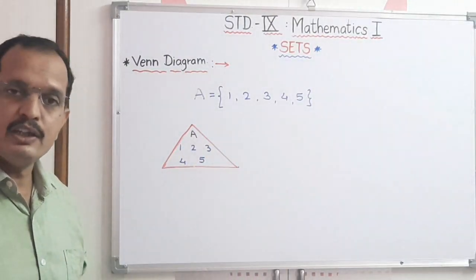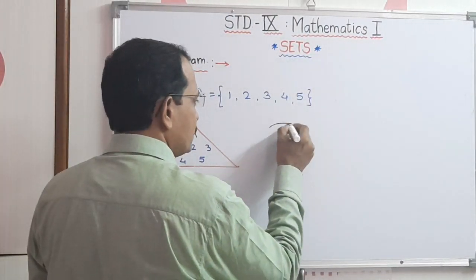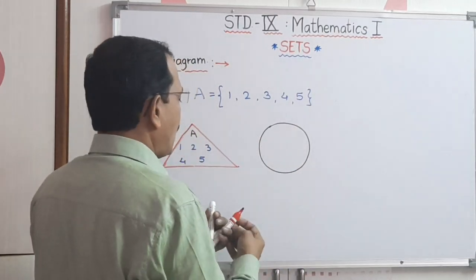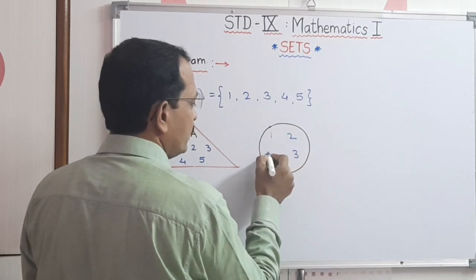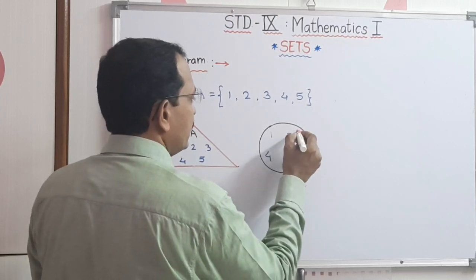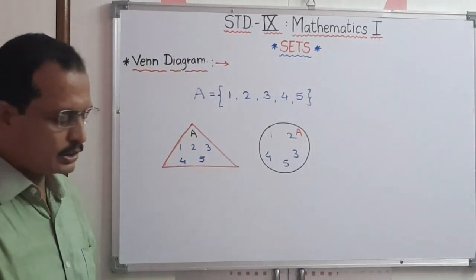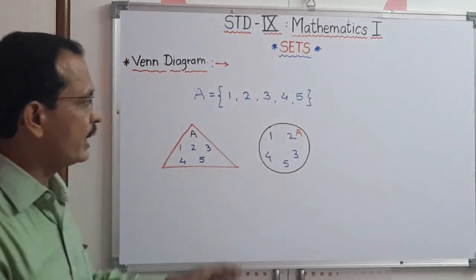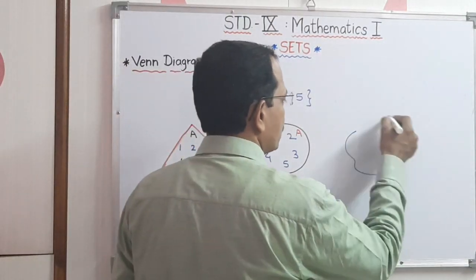I can draw any closed figure. Suppose I draw a circle, and in this circle I write these elements 1, 2, 3, 4, 5, and the name of the set, A. Then this is also a closed figure, and therefore this is a Venn diagram for set A. We can use any closed figure.